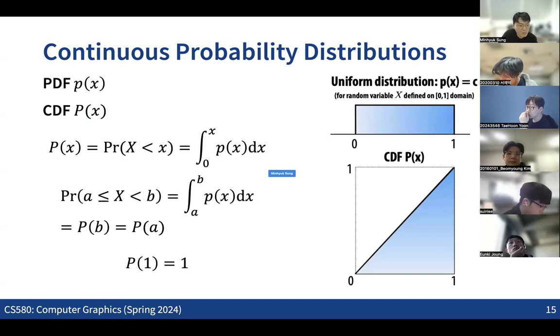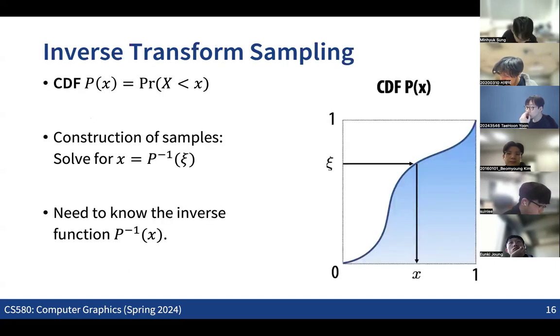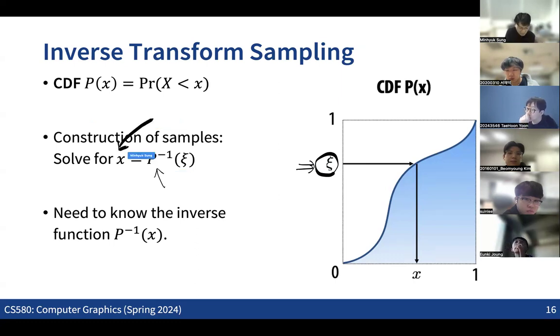The sampling with the PDF becomes the same: we first sample a uniform random variable in the range from 0 to 1, and we take the inverse function of the CDF, finding the corresponding value with this cumulative probability density. So this is the very simple idea, right?